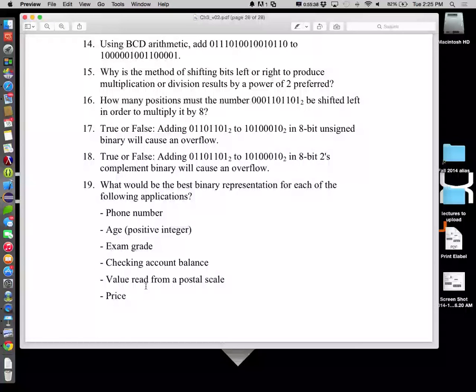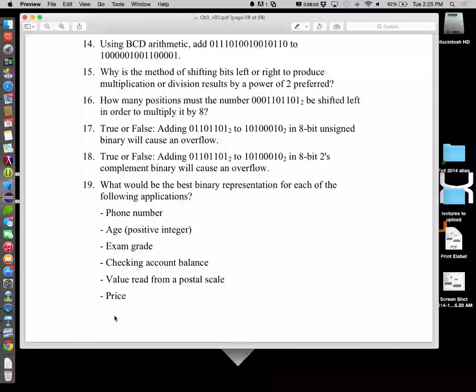But any way you cut it, it's got to support decimal places. Value read from a postal scale. Okay, got to support decimals. We decide at what level of precision. So at least a single precision, if not a double precision, if you need to weigh it out to something crazy. Typically, what does the postal scale go by? Tenths of a pound, something like that.